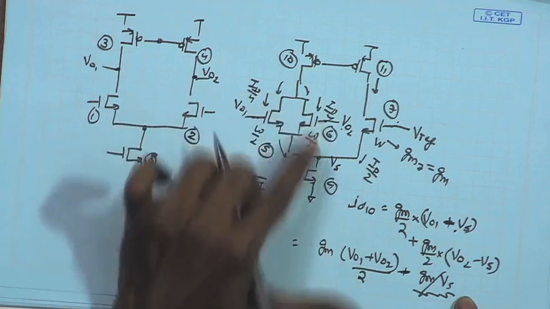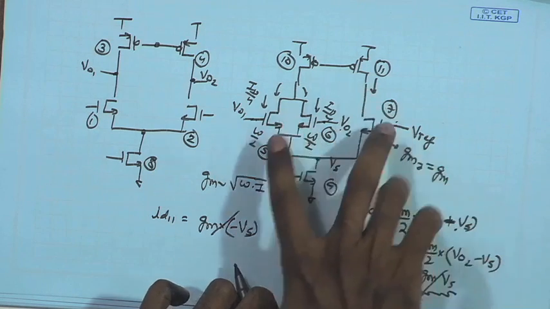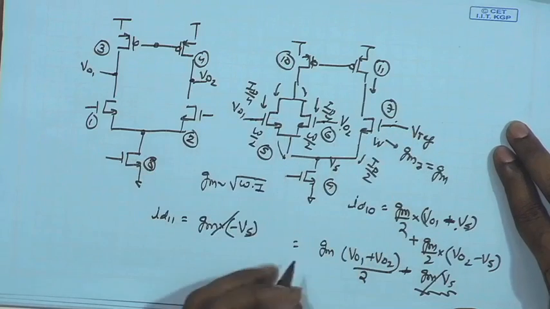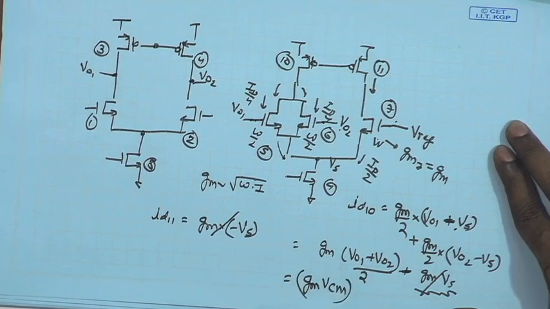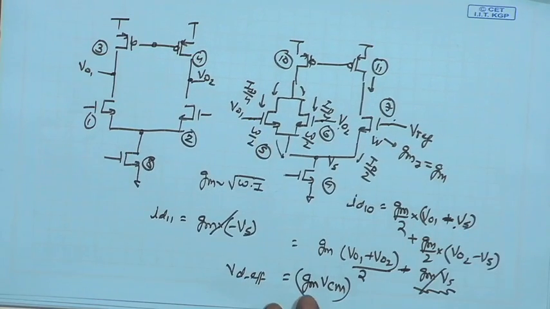Effectively, the overall signal that is coming is equal to GM times (VO1 plus VO2) by 2, which is nothing else but VCM. Therefore, the effective differential signal at the overall differential input, the effective VD for the error amplifier, happens to be just GM VCM.